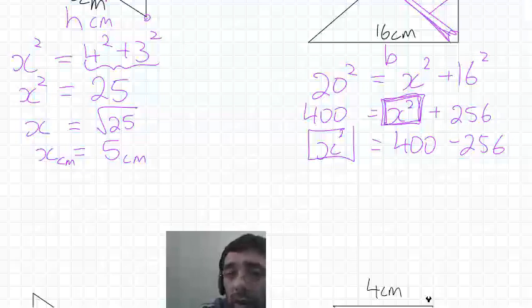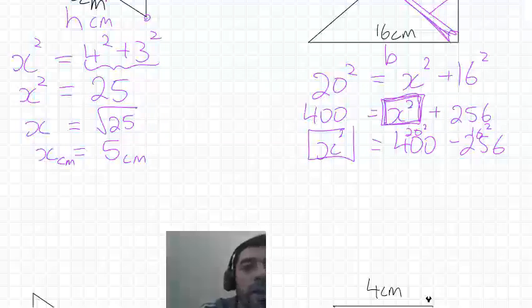Or if you wanted to, you could even do it while it's still squared and say this is 20 squared, take away 16 squared. Doesn't matter. I might just remove that, because it made it look like an equals all of a sudden. But 20 squared take away 16 squared leaves us something left over.